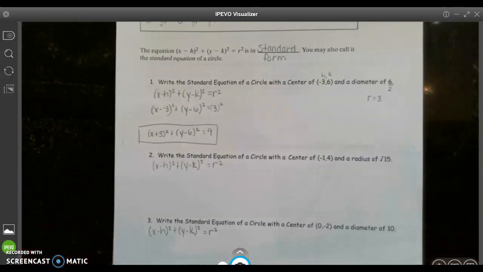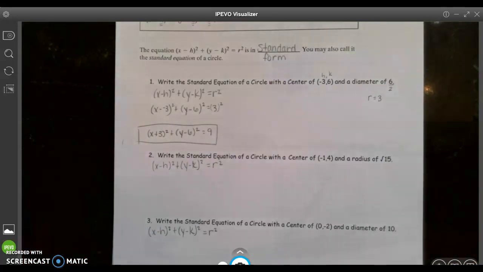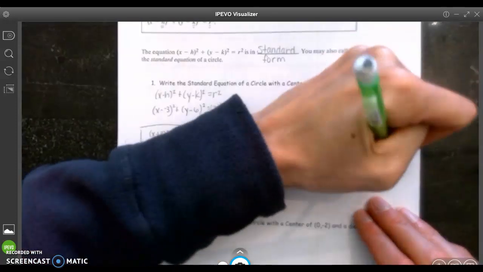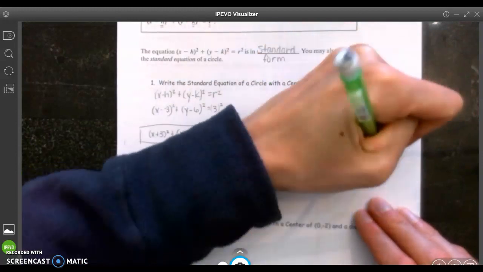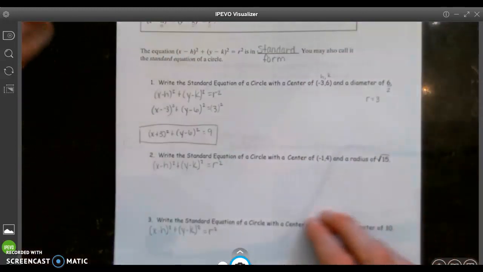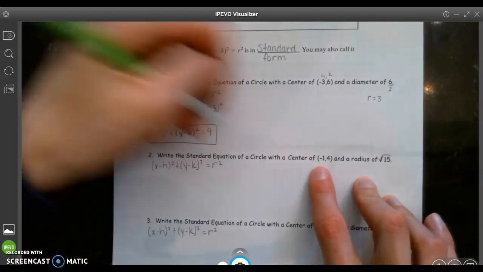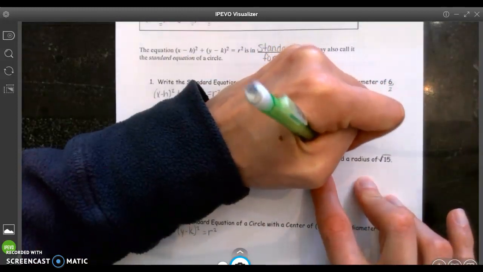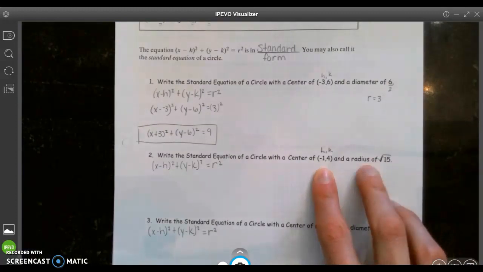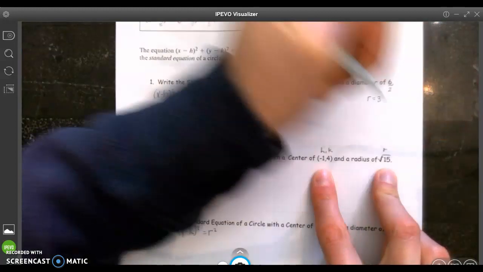Write the standard equation of a circle with the center (-1, 4) and the radius of square root 15. Again, if we label what we're given, (-1, 4) is the center, so it's the h and the k. And the radius is root 15, so that's our r.